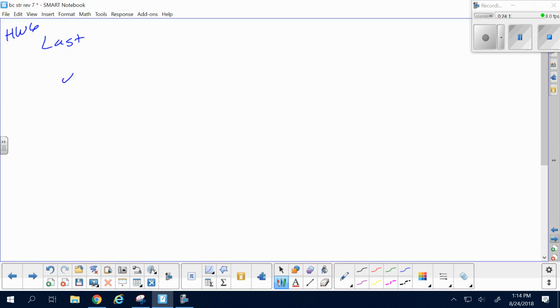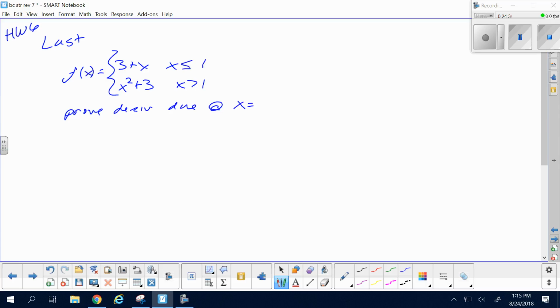Last problem: f of x is 3 plus x for x less than or equal to 1, and x squared plus 3 for x greater than 1. Prove the derivative does not exist at x equal 1.